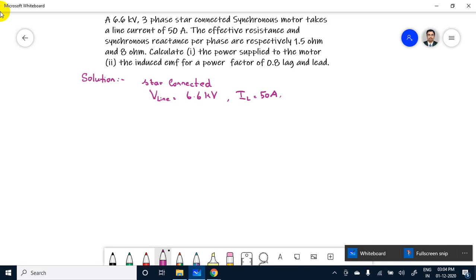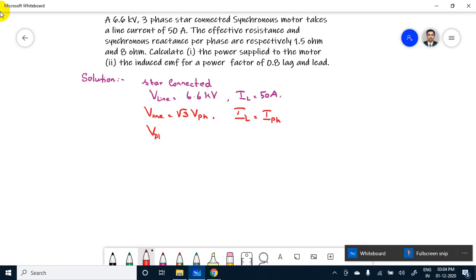Now, since the machine is star connected, you know the formula for star connected. In star connected, the line voltage is equal to √3 into V phase, but line current is equal to phase current. So now we have to calculate the phase voltage.